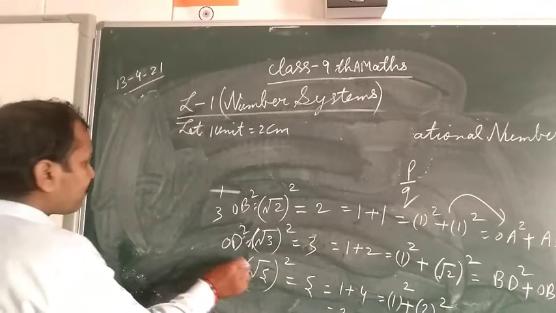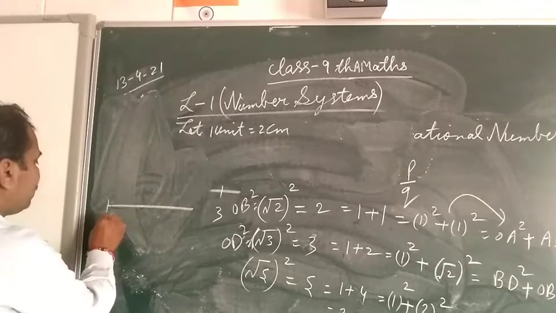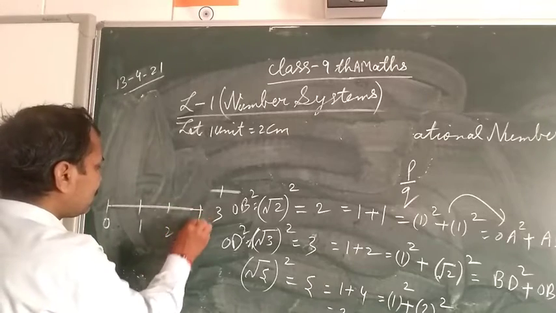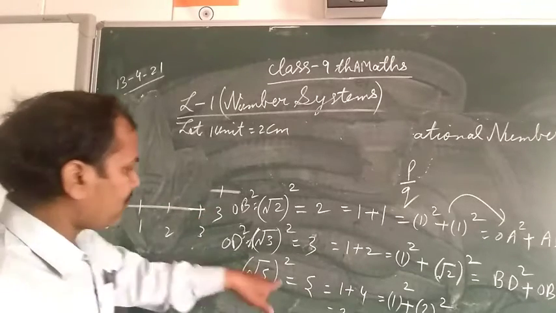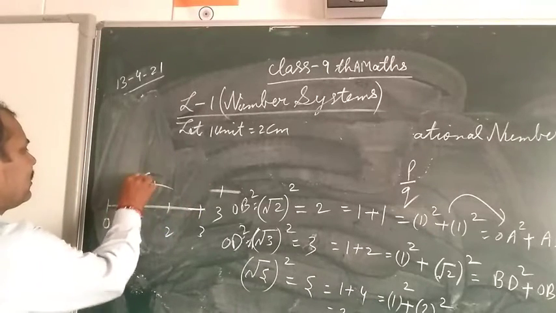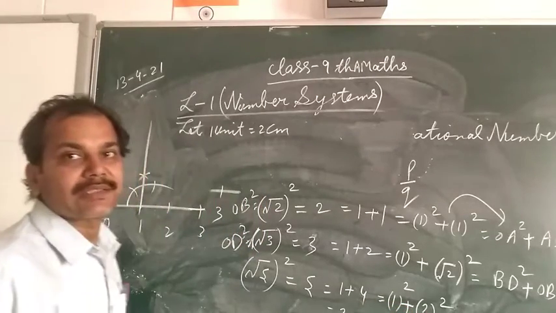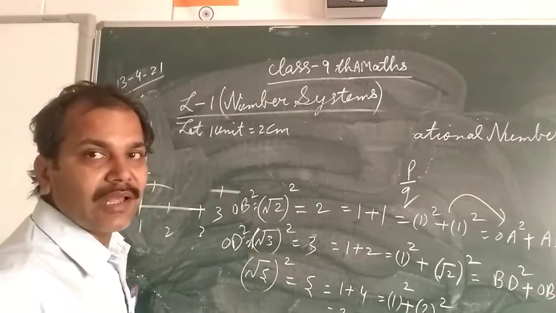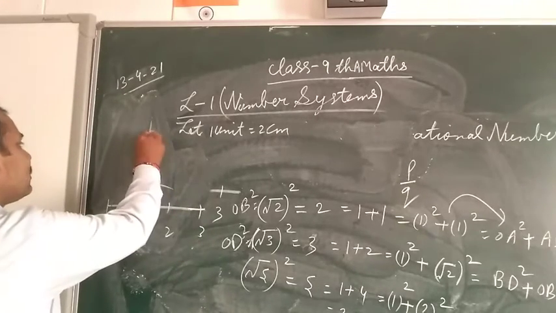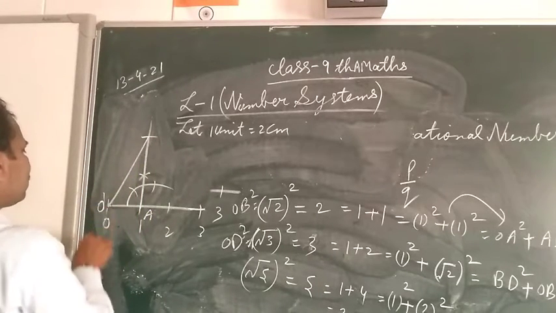So for under root 5, first you draw a line, that is O, then 2 centimeter, here also you take 1, 2, like this. And 1 square, so 1 this and this, again a 90-degree angle. And on that you cut 2 units, not 2 centimeter, 2 units, and 2 units is 4 centimeter. Then join this, suppose point O dash.